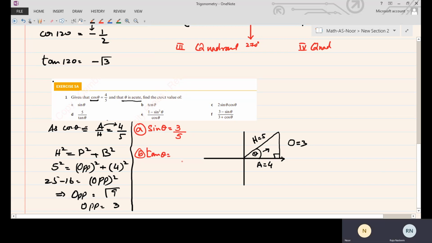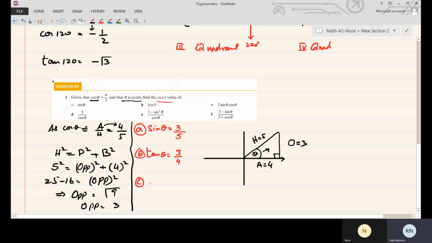So we just write sine theta equals 3 over 5. In the question we are asked to find the exact value. Exact value would be in the form of fractions. Tan theta will be 3 over 4.